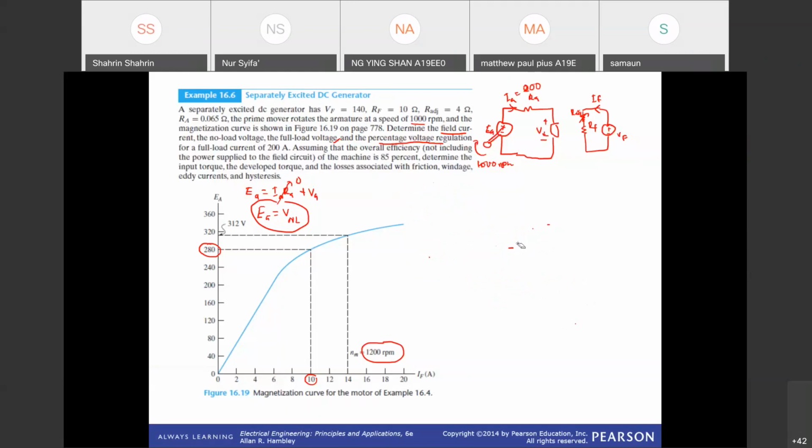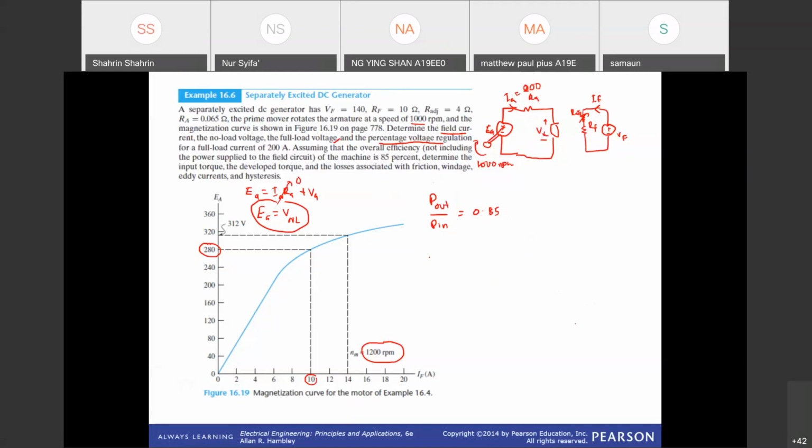Assuming the efficiency is around 85%, not including the power supply to the field circuit, meaning the field circuit is not considered. We only consider the losses at the armature circuit. So P out over P in is 0.85.